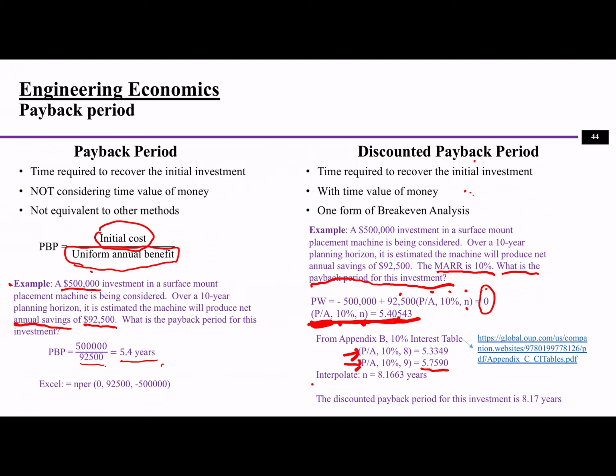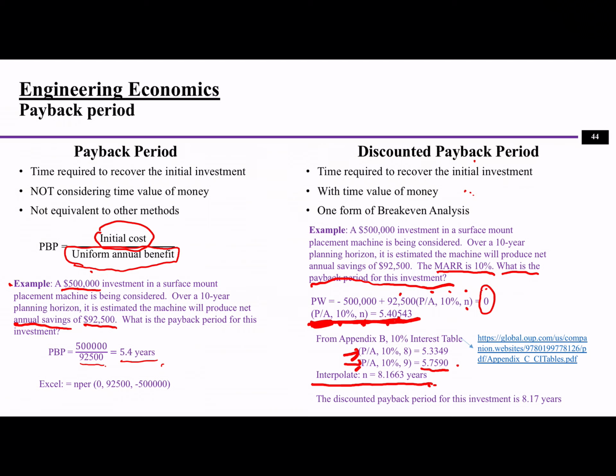In order to make sure that it is 0, we do interpolation. Remember, before, when we were doing rate of return, we did that. We find N should be equal to 8.1663.